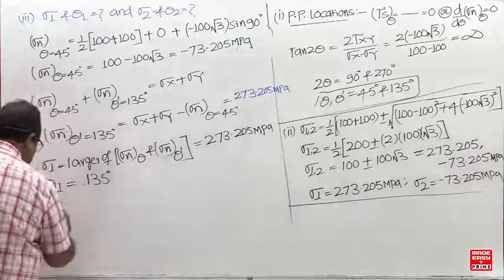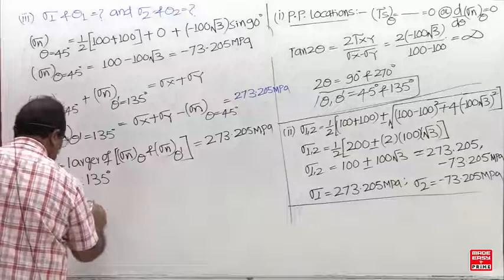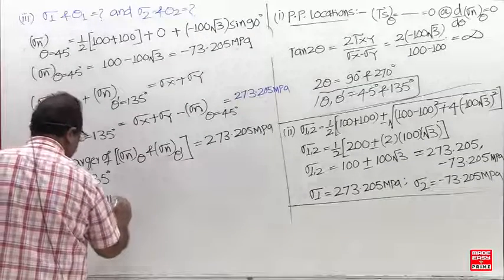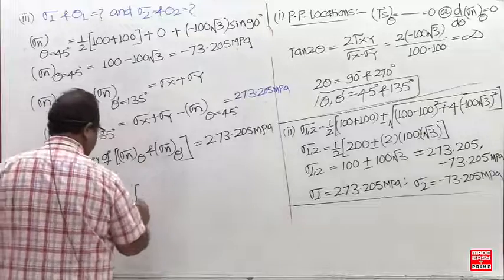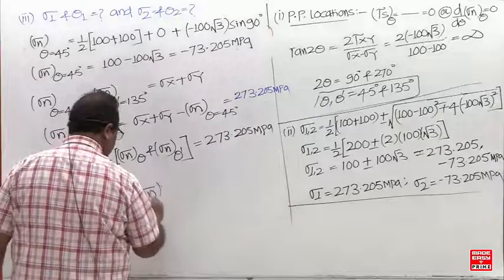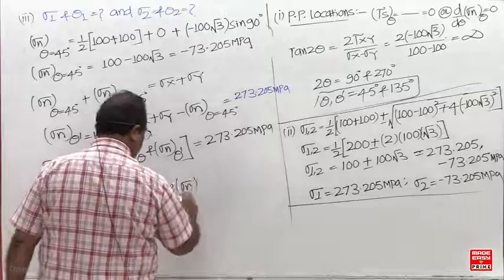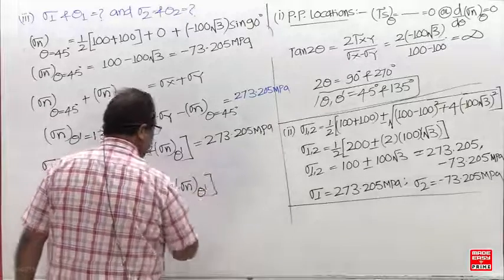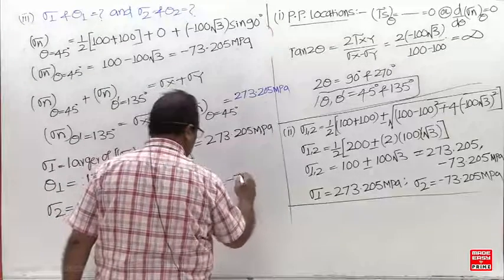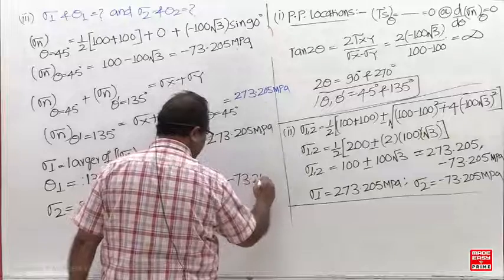And what is sigma 2? The smaller value, which is minus 73.205.